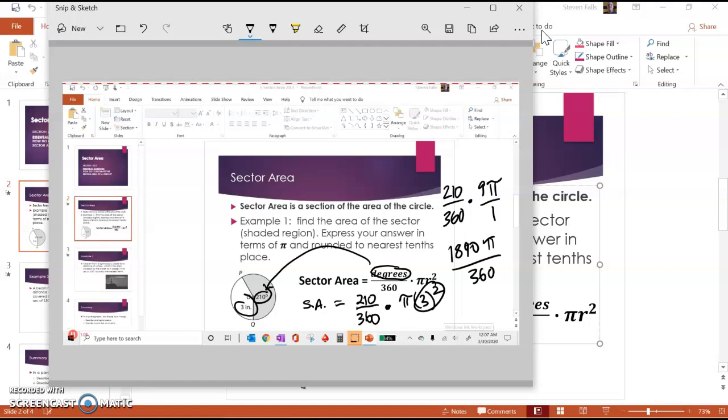If I divide 1,890 by 360, it gives me 5.25 pi, so it doesn't reduce real nice. We can divide the zeros out. If they both end in 0, we can just cross those out. Then this can be our answer, 189 pi over 36.